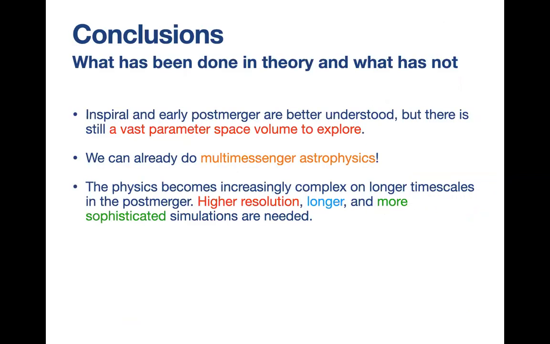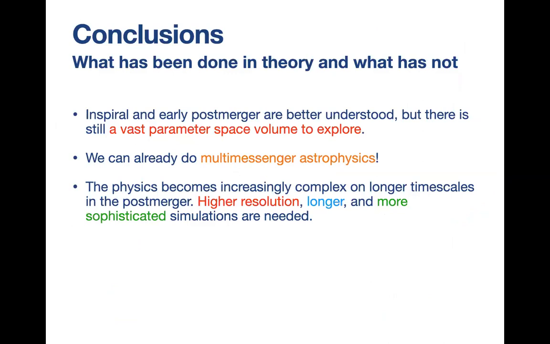So in conclusion, I would say the two key messages that I want to leave are: we have the early post-merger evolution more or less under control. This doesn't mean that we understand everything. There are many things we need to explore in more detail, for example, the impact of phase transitions, the impact of different mass ratio, spin, and so on.